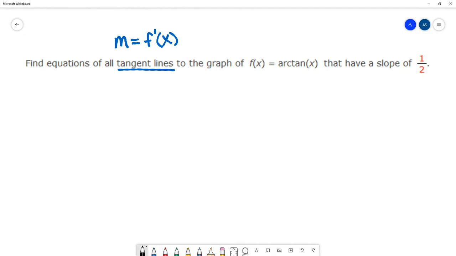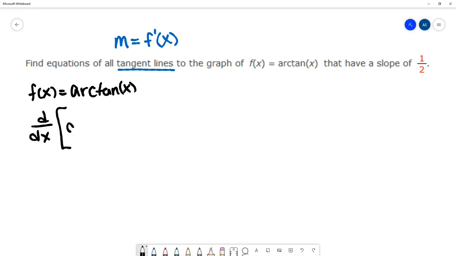I have the function f of x equals arctangent of x, and we have a derivative rule for arctangent that goes as follows. The derivative with respect to x of arctangent of u is u prime over 1 plus u squared.